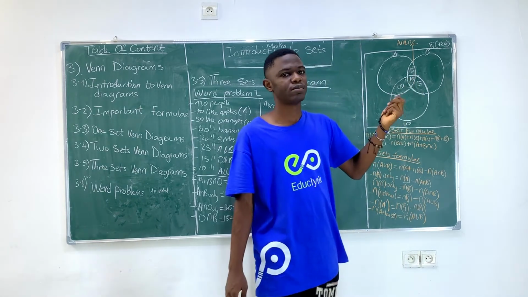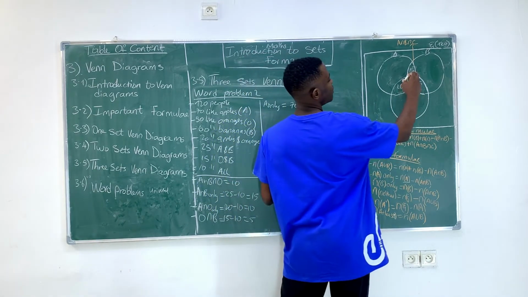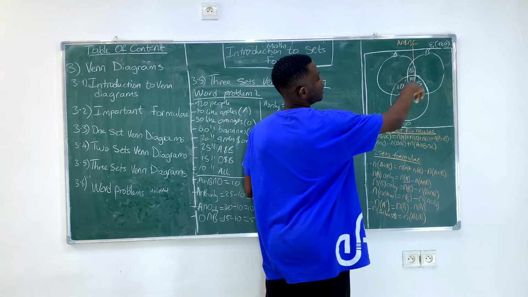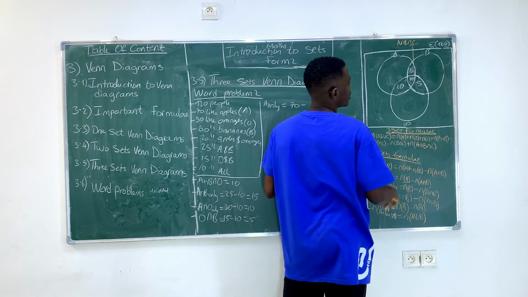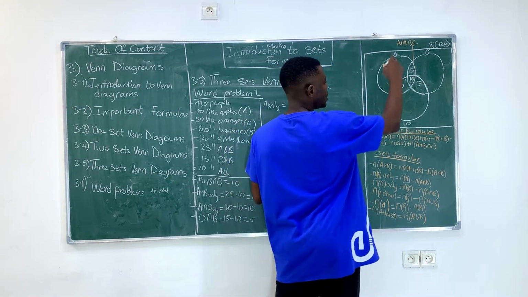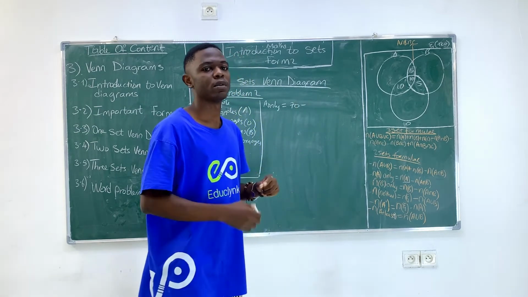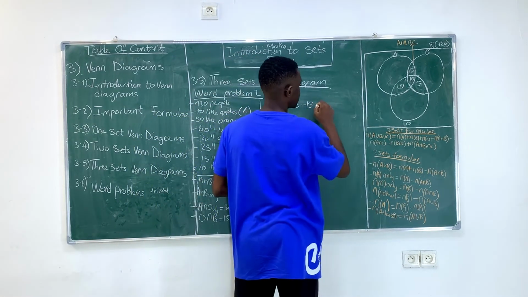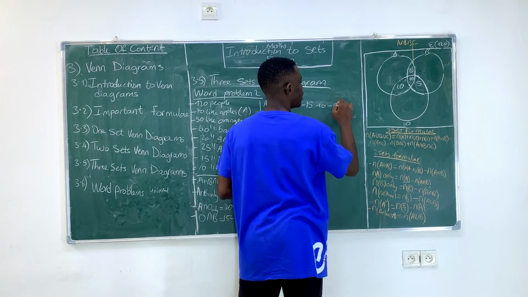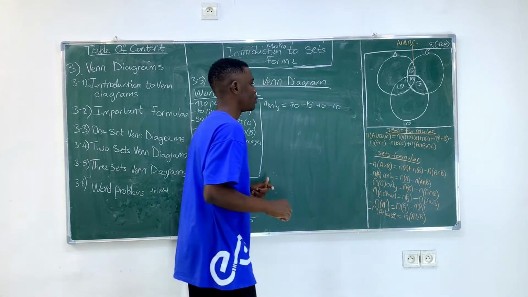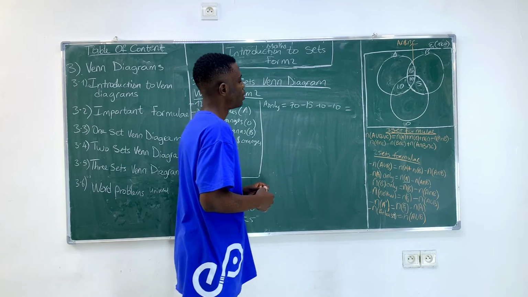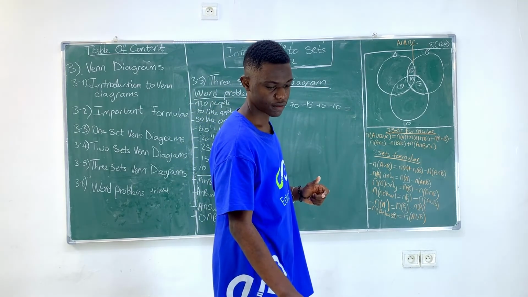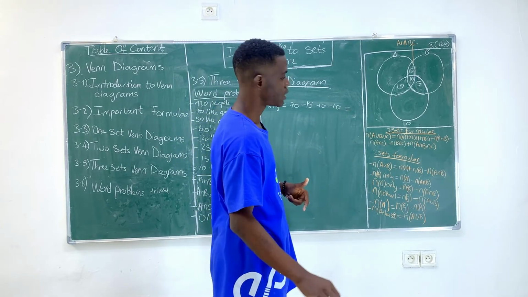So from here, I can see that there are 15 people that like apple and bananas. There are 10 people that like apple, bananas, and oranges. And then there are 10 other people that like apple and oranges. I have to remove all of them. So I'll do 70 minus 15 for this, minus 10 for this, minus other 10 for that. That's 35.